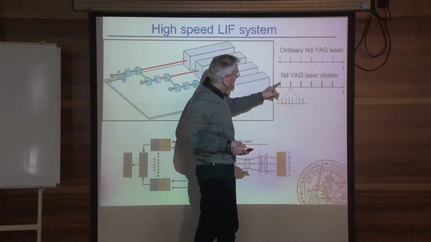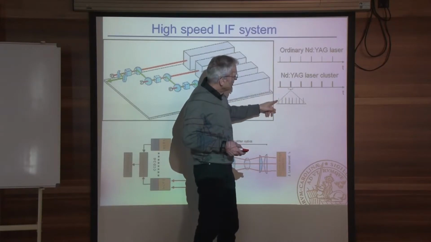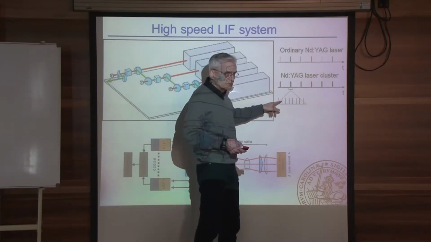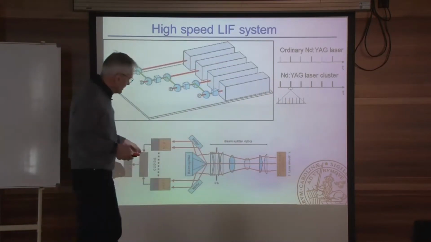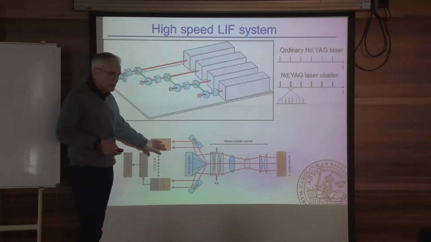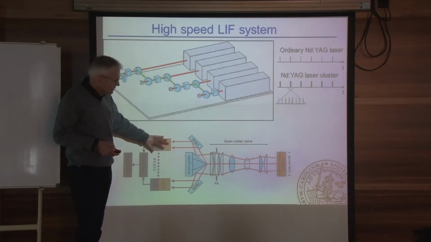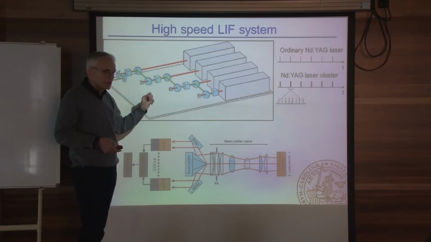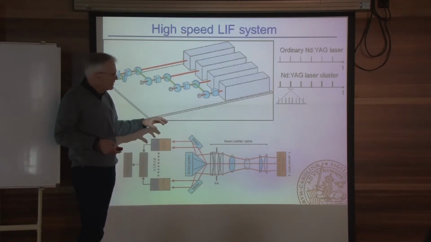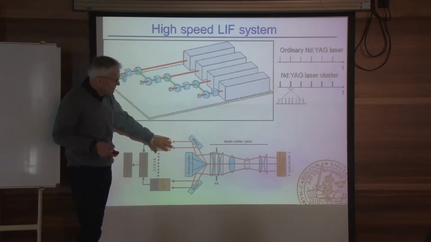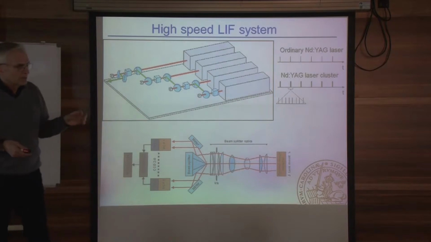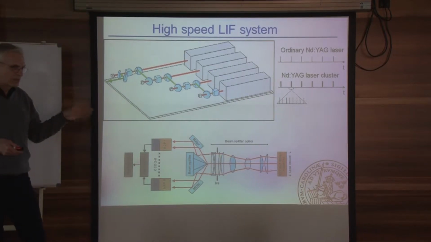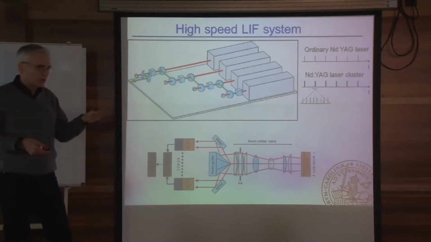But in this case, for each occasion, you have 8 pulses, where you can vary the time between them. And then we have this very high-speed framing camera that also has the possibility to capture 8 images. So if you combine this and that, then we have a laser-induced fluorescence system able to make a movie during one cycle of this phenomenon.